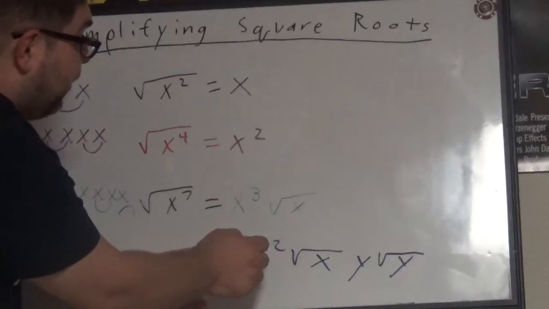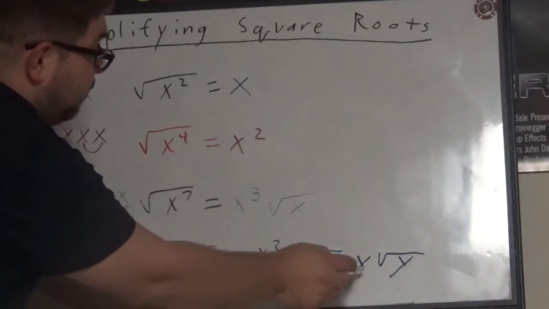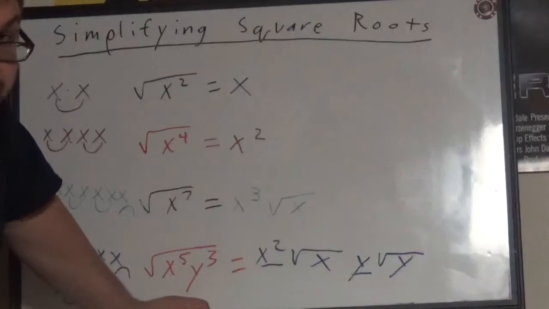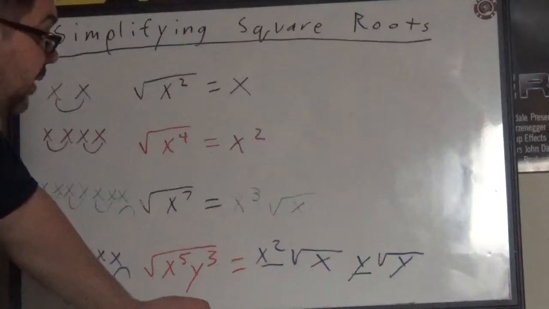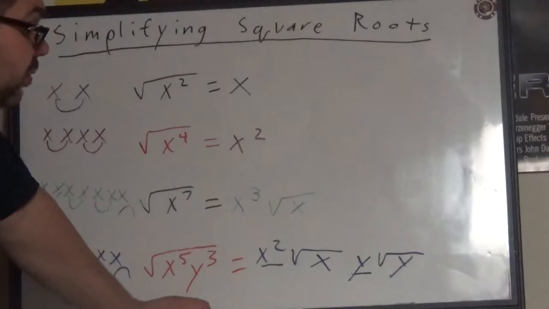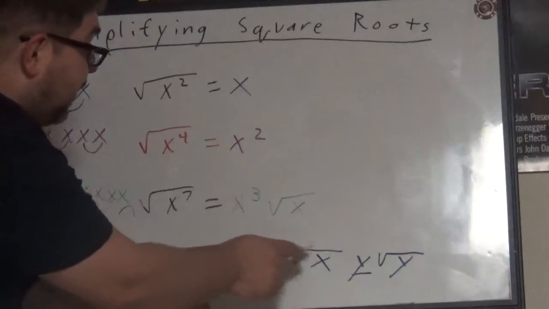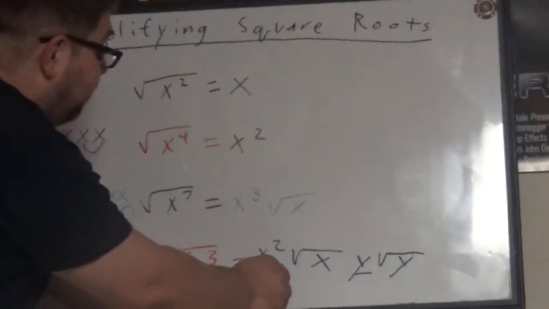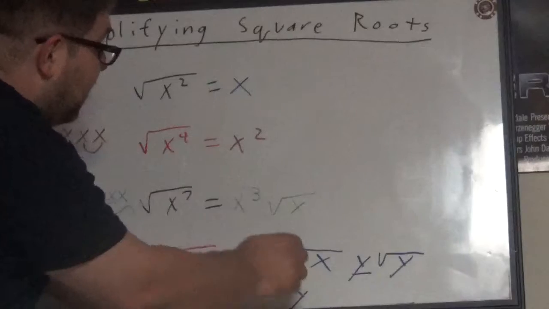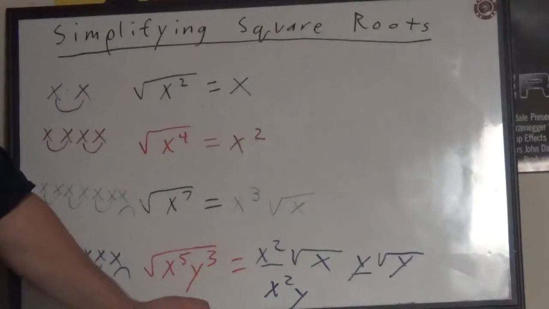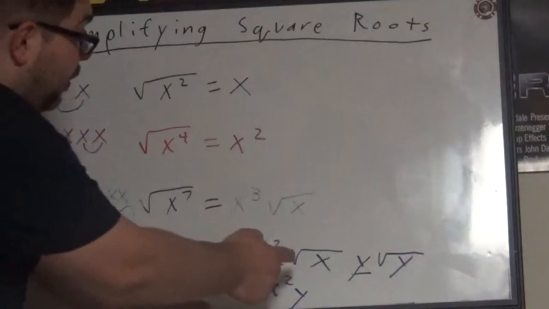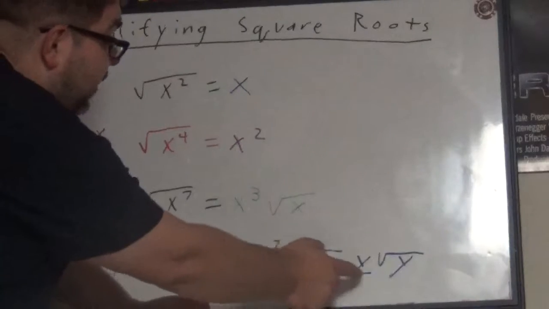The terms that are outside the square root are variables. They can still be multiplied together. They're just variables. So x squared times y is combined to make one term, and that's all outside the square root. Now we take what's inside the square root and we put it together. So inside the square root we have the square root of x, the square root of y.